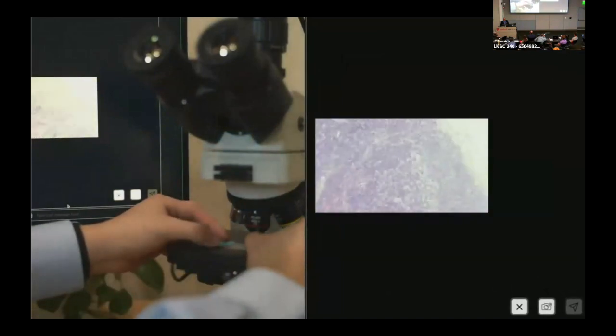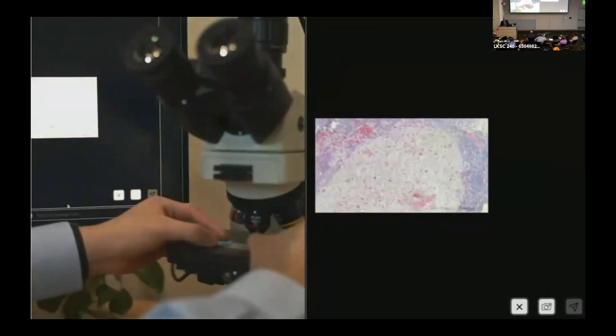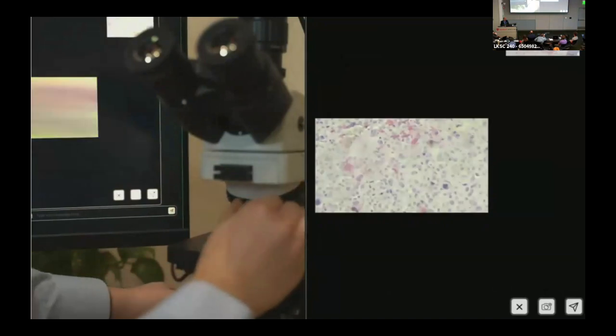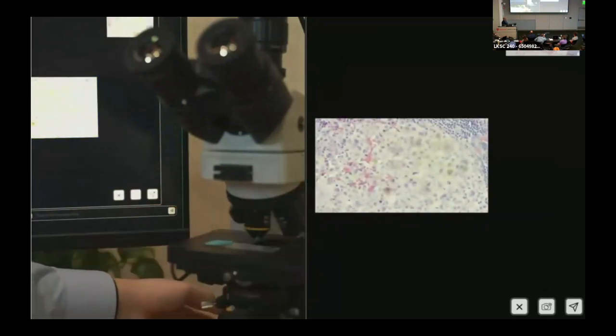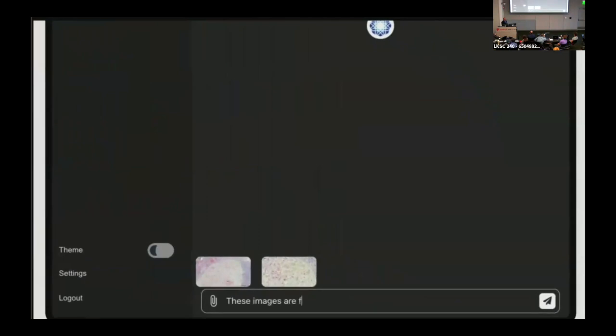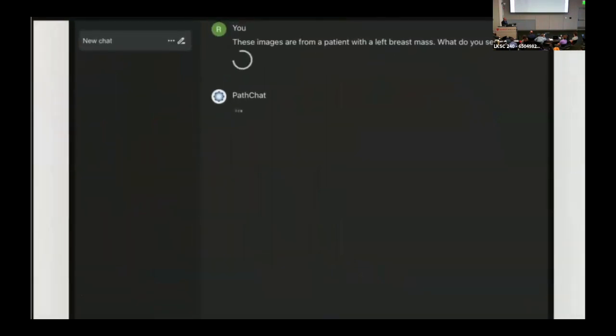Another interesting use case is just a camera coupled to a microscope. Only about 4% of all pathology slides in the US are digitized and examined on a monitor. The standard of care remains using a glass slide under a microscope.